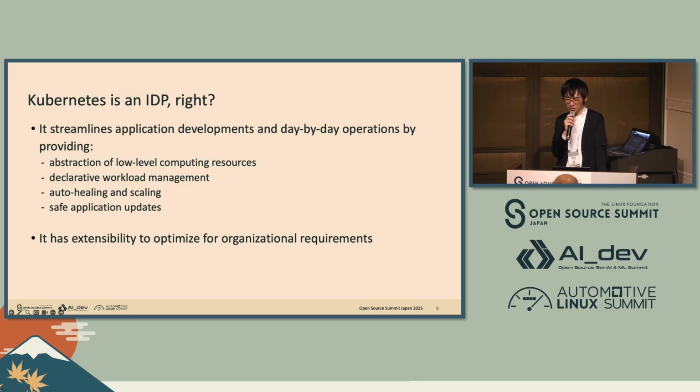For example, it abstracts underlying computing resources, and applications can be managed declaratively using text files called manifests. And it can also automate restarting, scaling, and updating applications. Furthermore, we can extend Kubernetes to meet our organization's specific requirements.